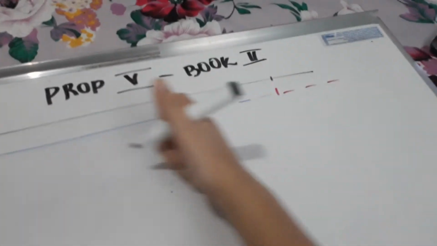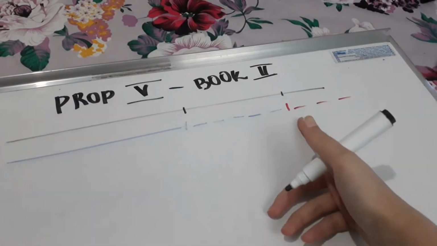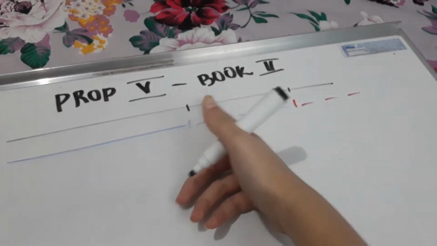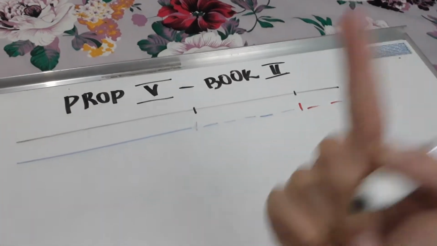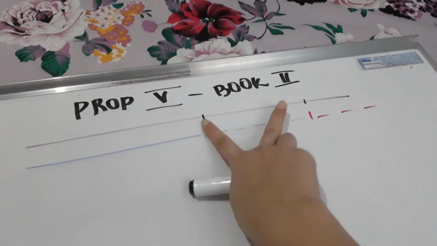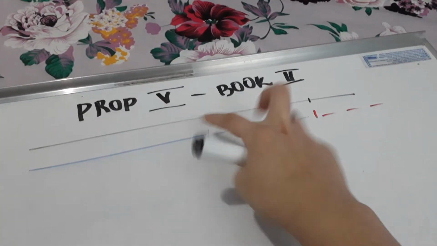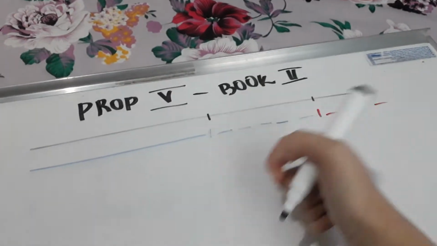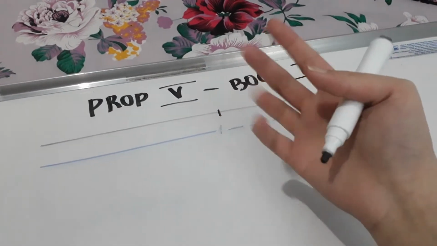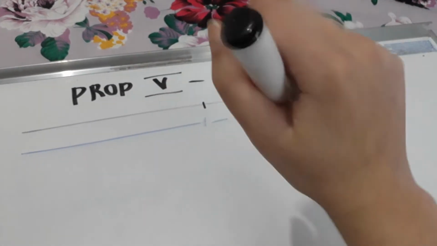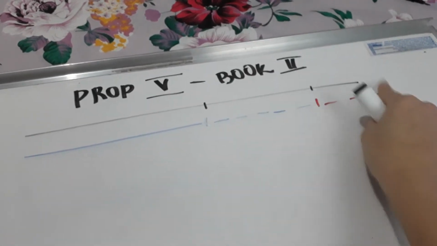The rectangle contained by the uneven parts, that is just these uneven parts, plus the square that is in between the points of section, that would be this one, the line that is in between the points of section. This square plus this rectangle contained by the uneven parts are going to be equal to the square on the even side, this one.